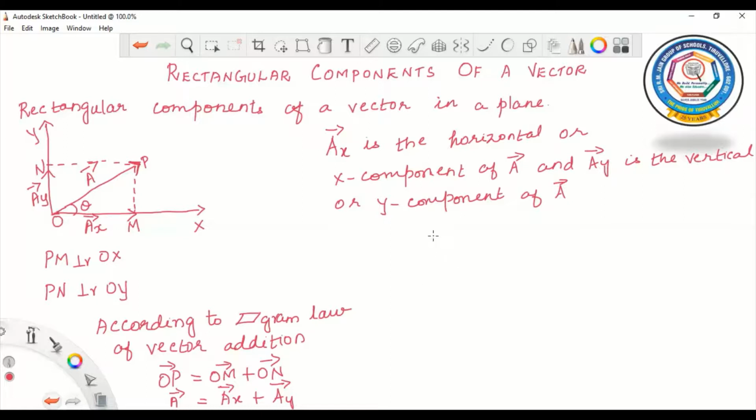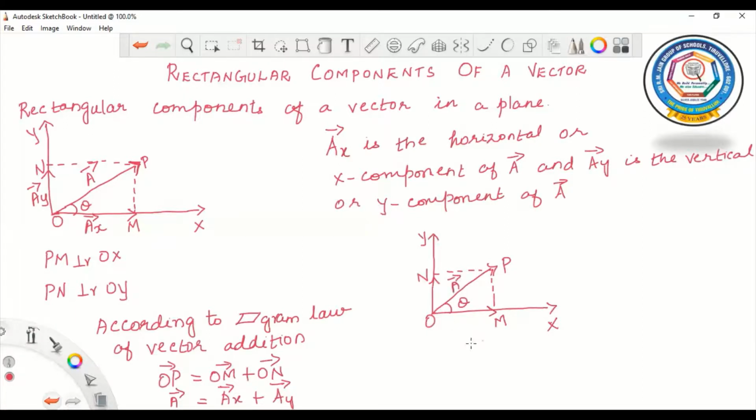See, I'll draw one more diagram here, children. This is our vector, that is OP. This is x-axis, y-axis, and PM, which is perpendicular to x-axis, and PN perpendicular to y-axis, and it makes an angle theta here.